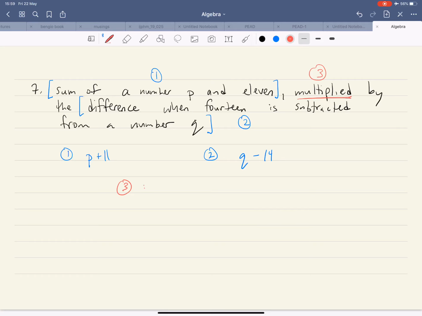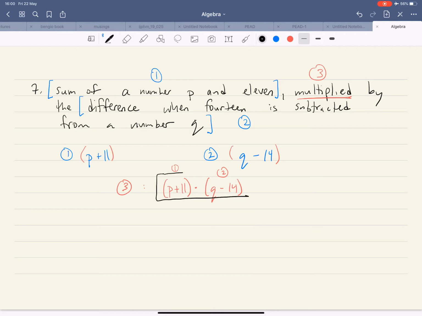So 3 is going to be p plus 11 quantity, right? That was my number 1, times q minus 14 quantity. And that was my number 2, right? So I've got to picture these as quantities that are getting multiplied. And then I'm going to box my answer.